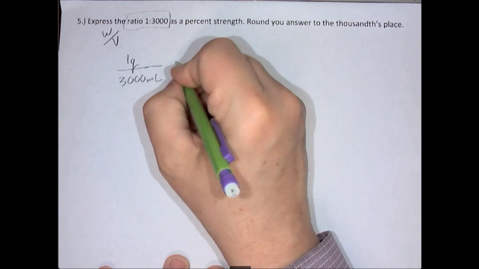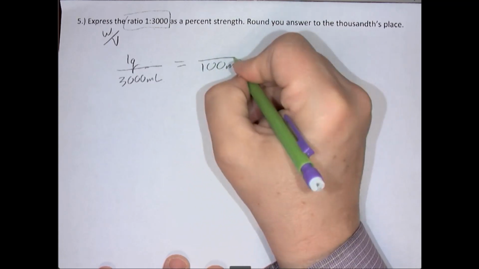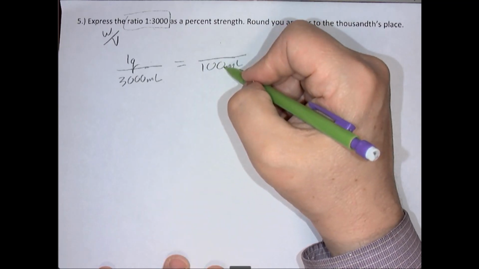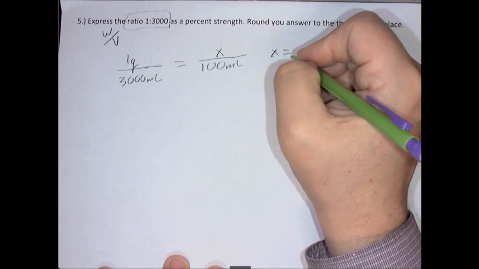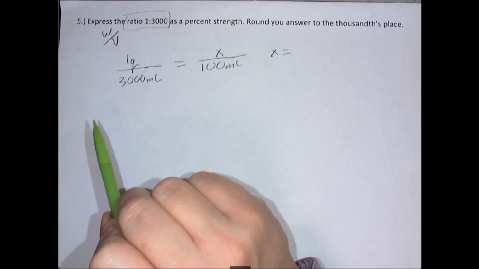So to get to a percent concentration, we need to rewrite this ratio so that it's per 100 milliliters. I'll put an X here. So we do our algebra. 1 times 100 divided by 3,000.